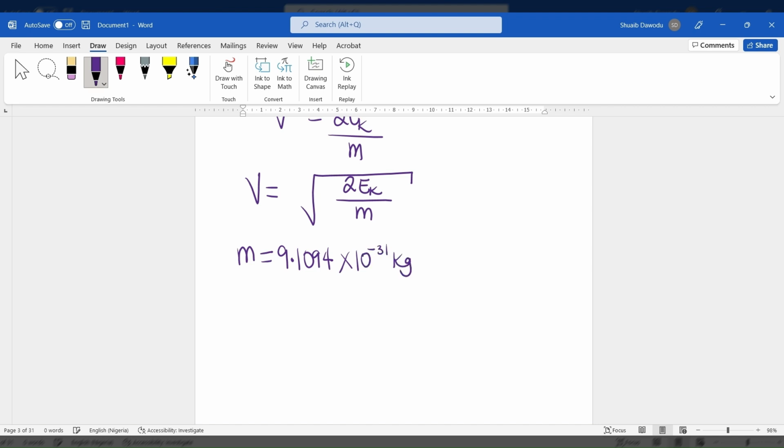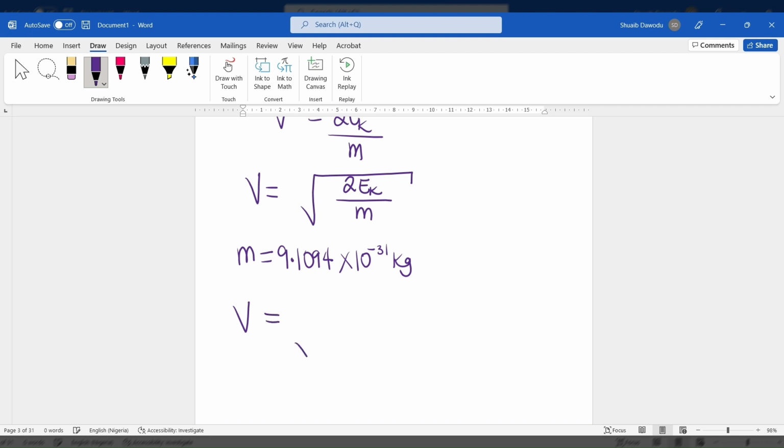And I want to quickly mention something, right? Even if you don't know the mass of the electron offhand, in the Atkins physical chemistry textbook, at the back of the page, you can see the mass of the electron. So that would just be mass of electron is 9.1094 times 10 to the power of negative 31. And that's what we're going to substitute into the equation.